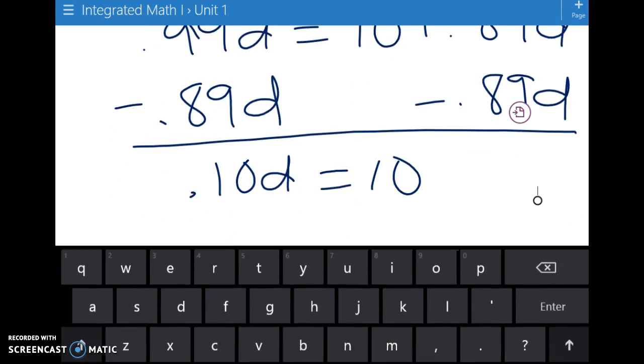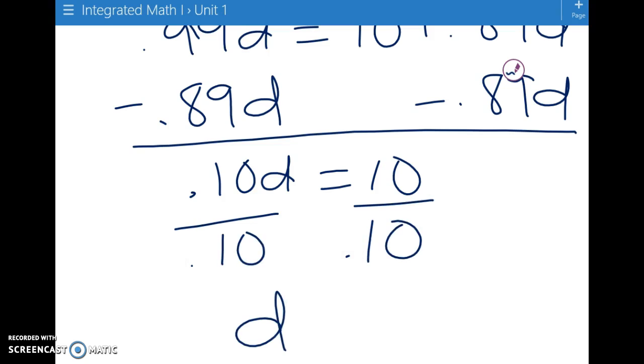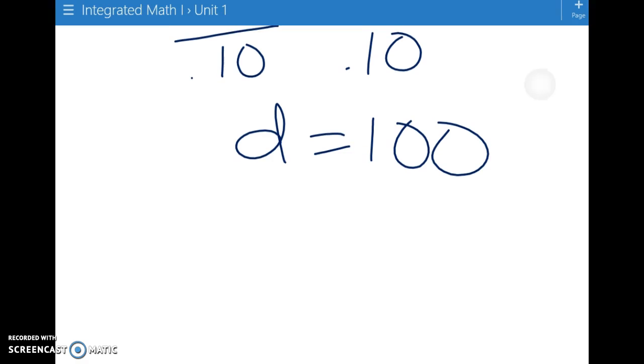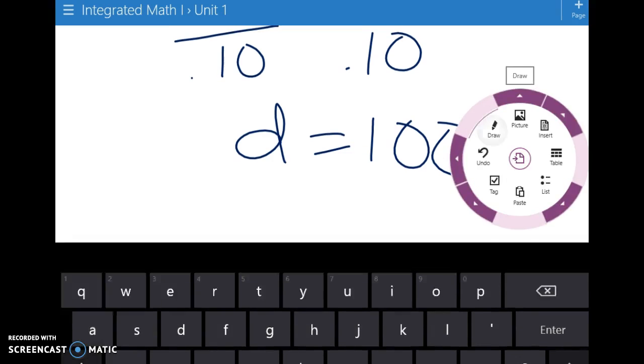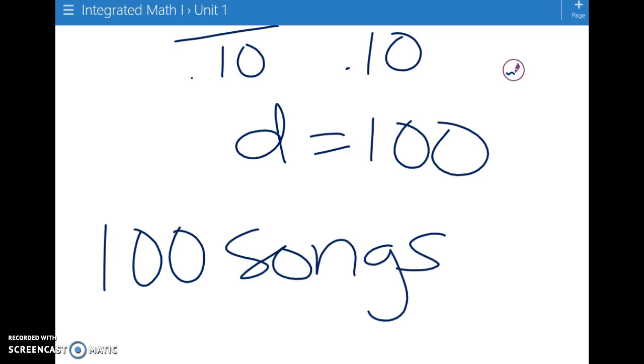We divide by 0.10 on both sides, and we'll get D equals 100. So what does 100 mean? In context, if you buy 100 songs, iTunes and Napster will be the same price.